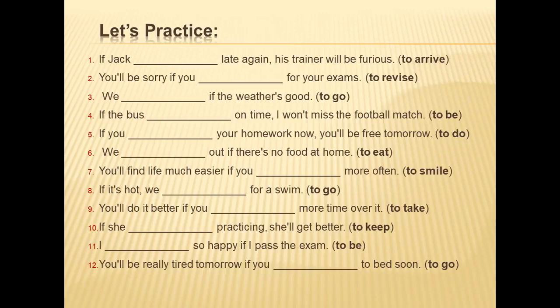Before we start to do the exercise here, I want to remind you that we use first conditional to refer to things that will happen in the future and are possible to happen in the future. Okay, so now please go to exercise number 1.